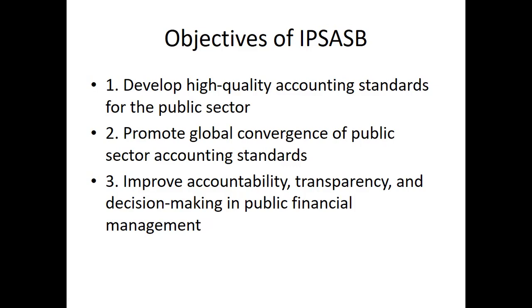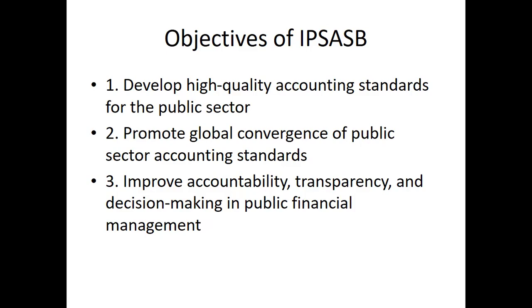Now, standards that have quality means that whenever that standard is applied in the real world, it is making sense and it is productive. So that's why they need to develop a high quality accounting standard for the public sector. Number two is to promote global convergence of public sector accounting standards.